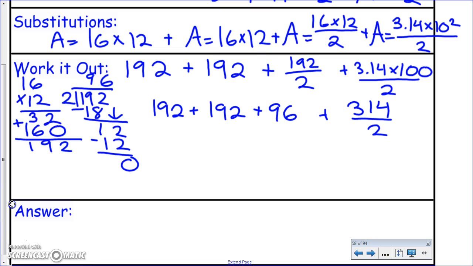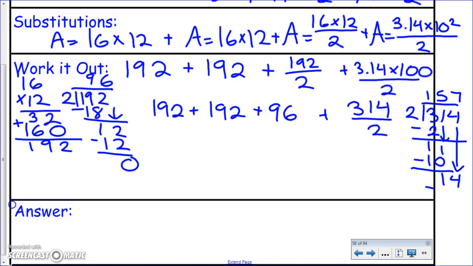Okay, so now we're going to divide that in half, which gets us 157. So we end up here with 192 plus 192 plus 96 plus 157.